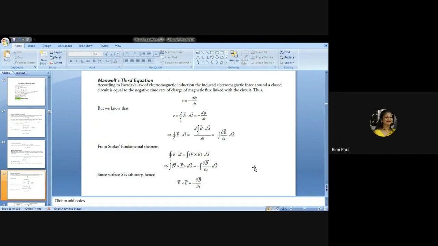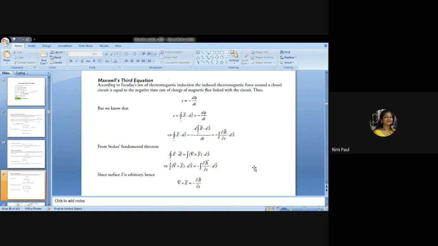So there are two conditions we are getting. One, either the conductor is stationary and the magnetic flux is time varying, or the magnetic flux is stationary and the conductor is moving. In both cases we see that flux is cutting.